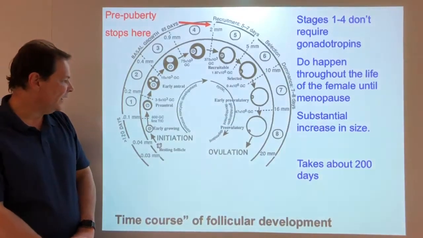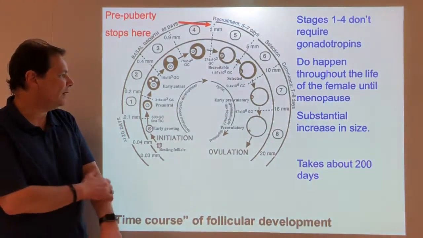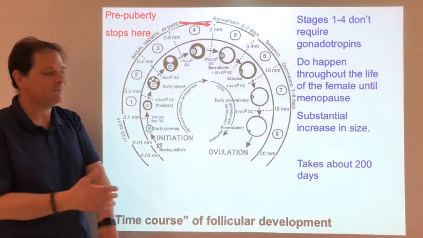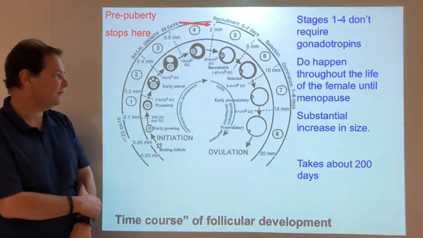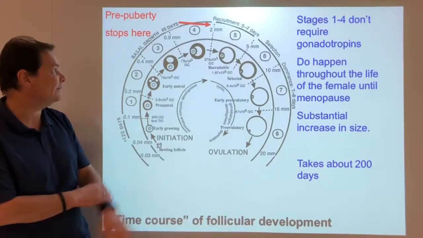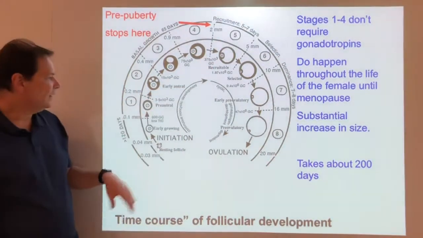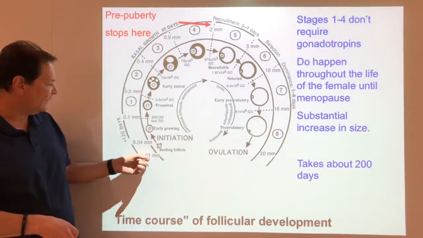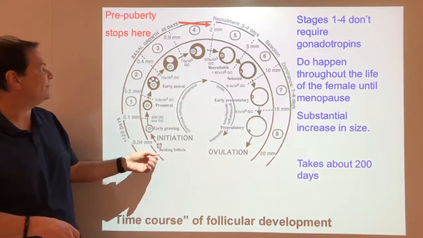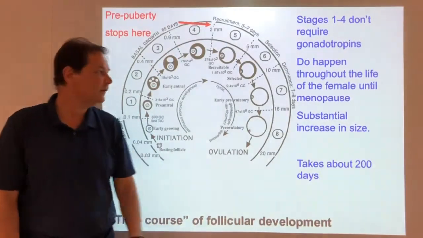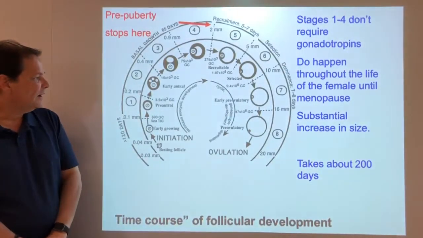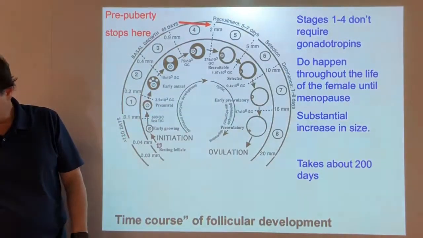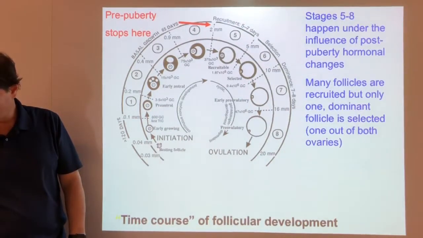You'll notice that none of the stages that happen post-puberty take place before puberty, obviously. So everything goes to this stage and stops. Notice the substantial increase in size here. We start at 0.03 millimeters. We end at about 2 millimeters. That all takes about 200 days to take place.